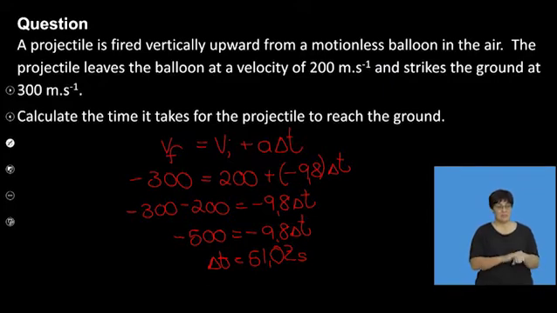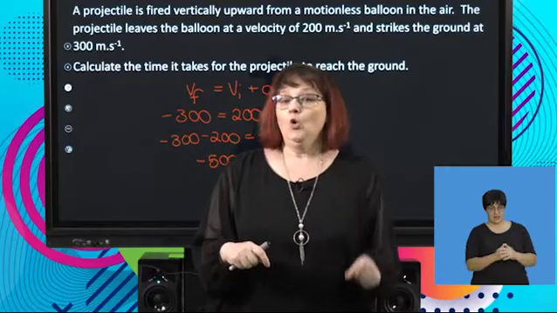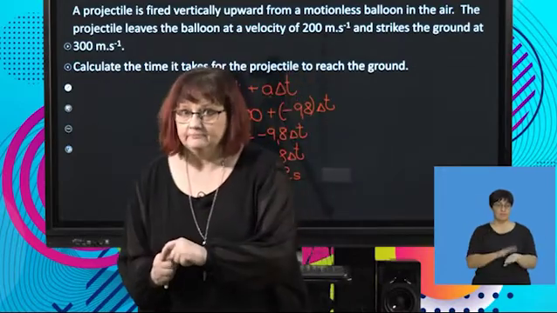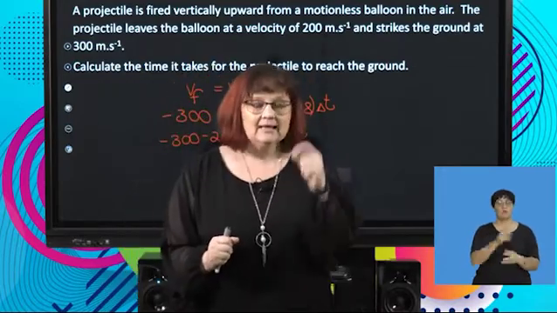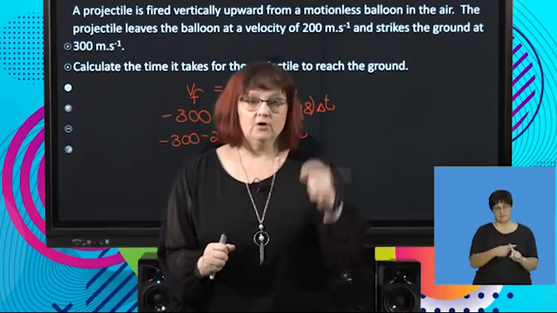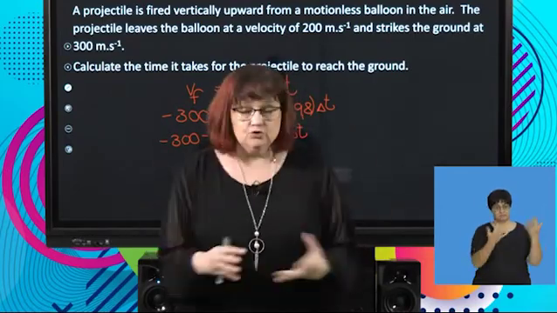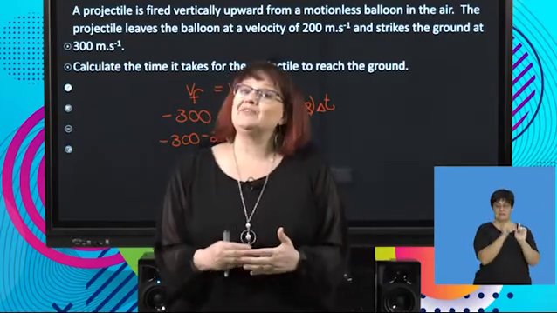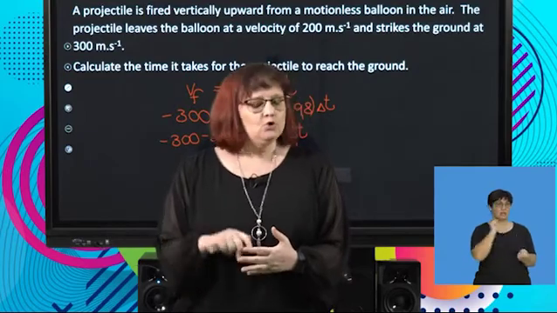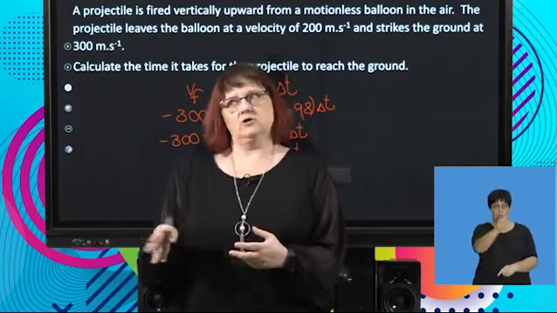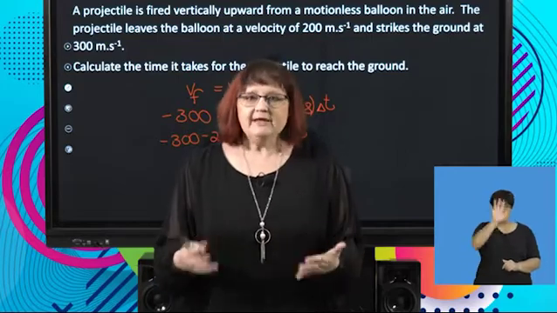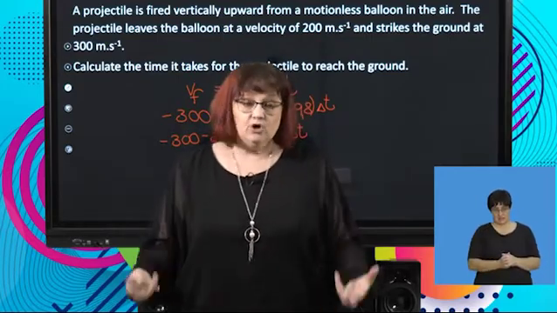Time is a scalar. When you work out time, you must get a positive answer. If you do this calculation and you end up with a negative time, you can't just change it to positive because you know it's got to be positive. You've made a mistake. Something's gone wrong.